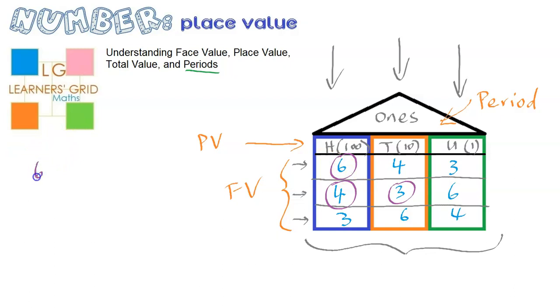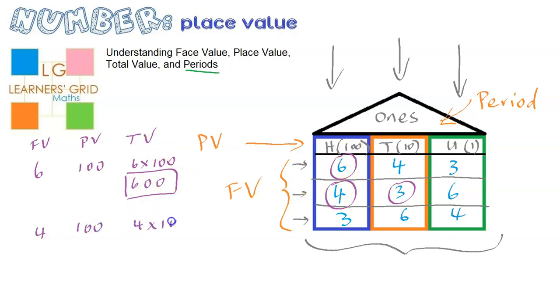So for this 6 here, let's have a look at its face value. The face value is 6. Its place value is 100. So that means its total value is 6 times 100, which is 600. Similar concept to the one we've just done before. If I take this 4, it's the face value of 4, place value of 100, total value 4 times 100, so its total value is 400.